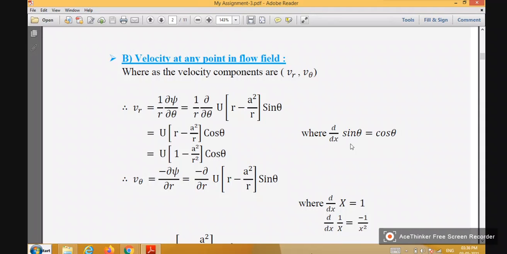Where your cursor is, there is a mistake. It is d by d theta, with respect to theta, sir. d by d theta of sin theta, yes, sir. d by d theta of sin theta equals cos theta.